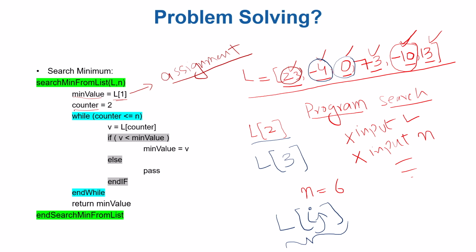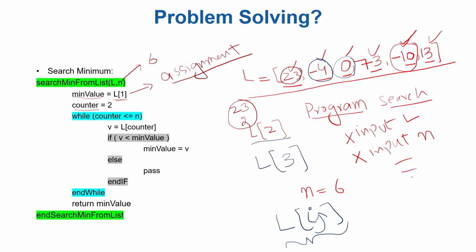So right now for this particular list, the min value takes the value 23, and counter takes the value 2. These are the two variables. Now we apply a loop: while counter is smaller than or equal to n. Remember, the value of n for this example is 6, and counter here is 2.